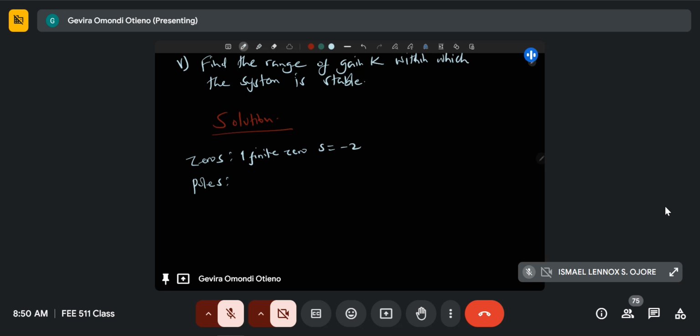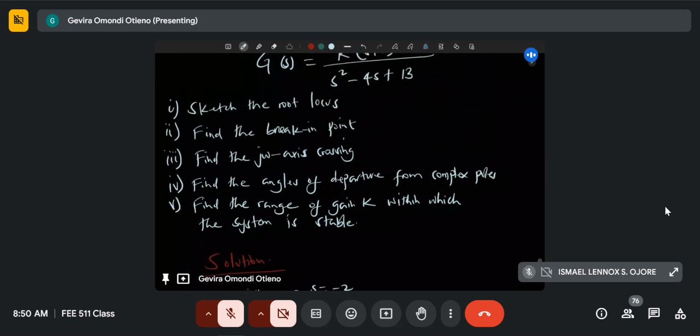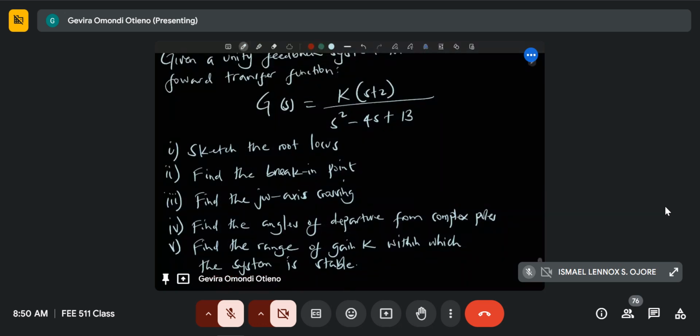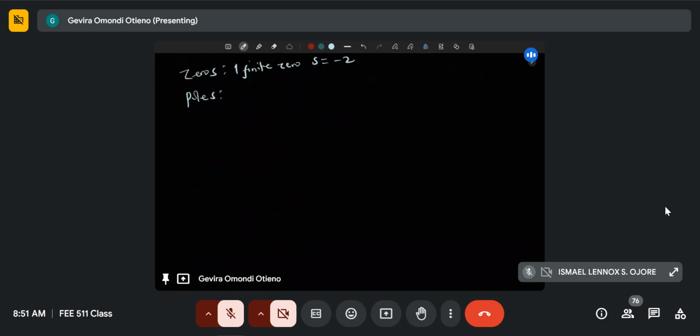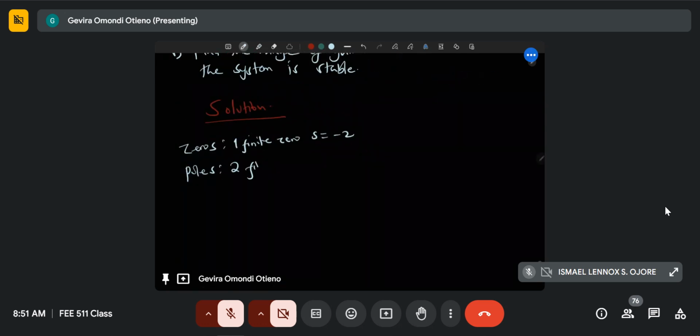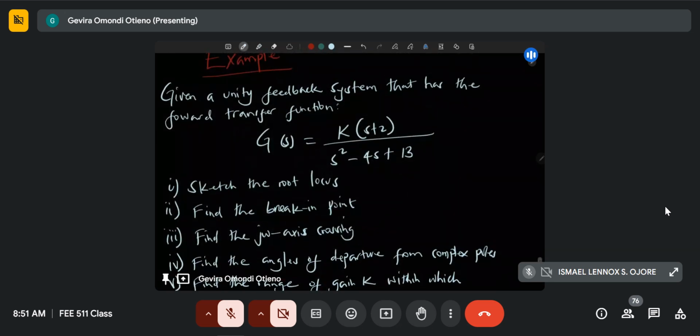Okay, that is 1. Number 2, you can see from this equation, because this is a second order equation, we have 2 finite poles, meaning there are 2 roots. But these poles are complex. So 2 finite complex poles. How do we find those 2 finite complex poles?